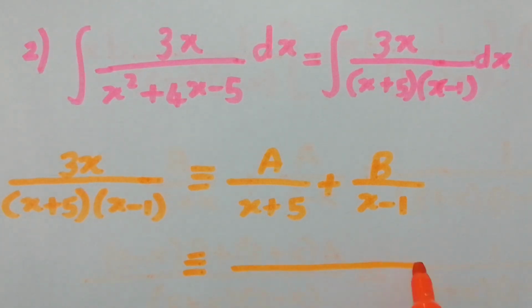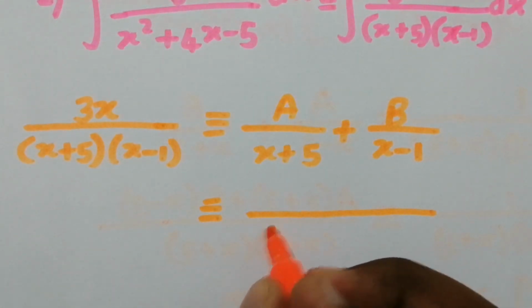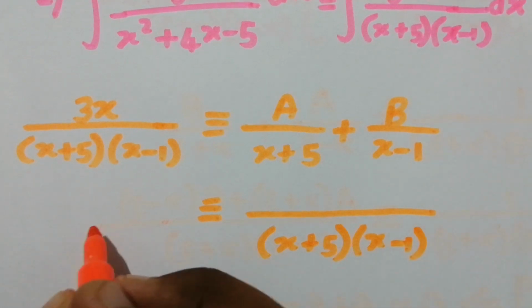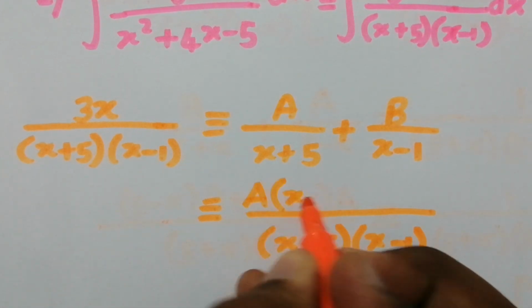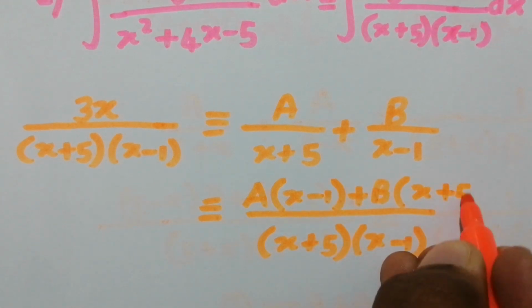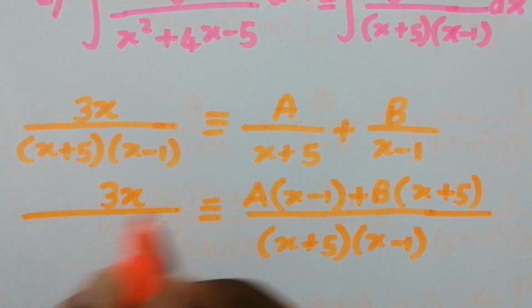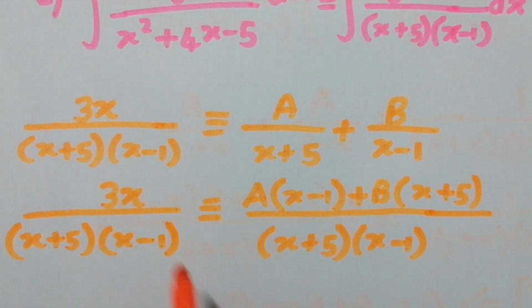If I take this x plus 5 times x minus 1 as the common denominator, I am having at the numerator a times x minus 1 plus b times x plus 5 equals 3x upon x plus 5 times x minus 1.